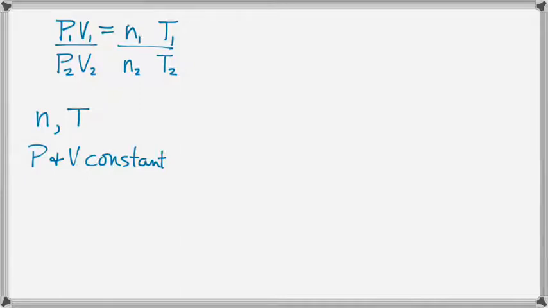They probably wouldn't even tell you what the volume is in the problem, but it's not changing, so it doesn't matter. So that would mean that the volumes go away. And the pressure is also constant. The first pressure is equal to the second pressure. So anything divided by itself is 1. So those go away.